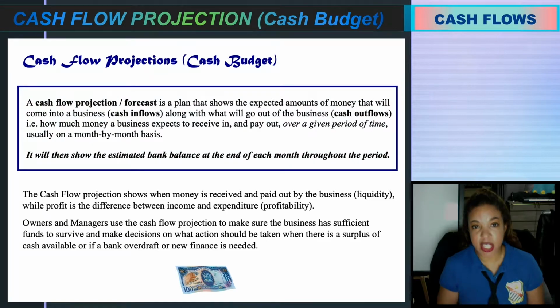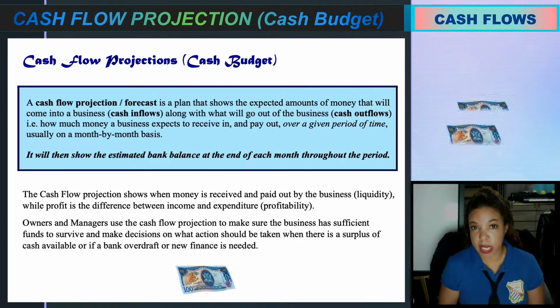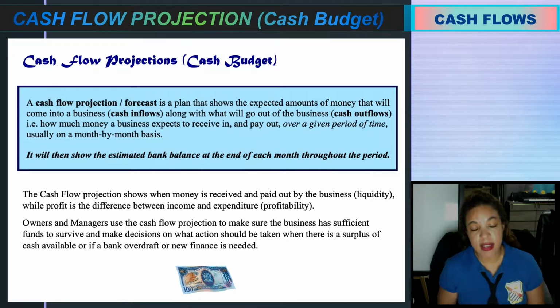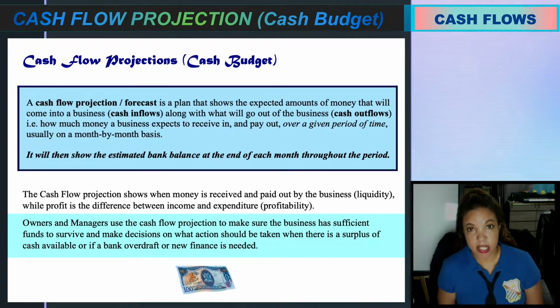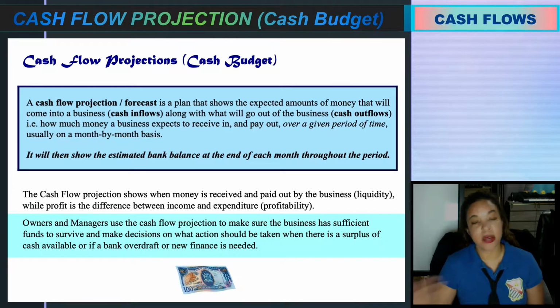So it is cash, the most liquid asset, which means that we are really analyzing or looking at the liquidity of a business. As I said, it is cash inflows, meaning money or cash coming in to the business, and then of course the cash outflows, which would be the payments, what we spend the cash on.